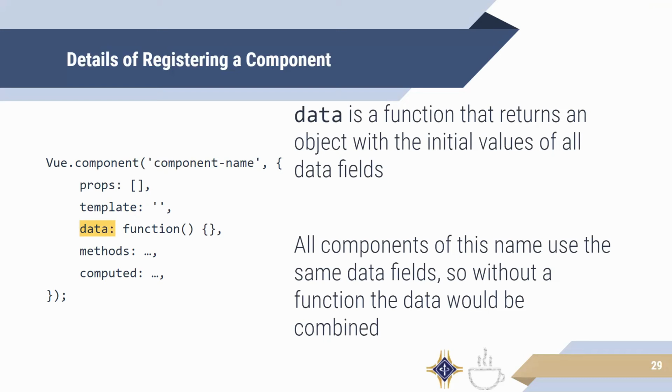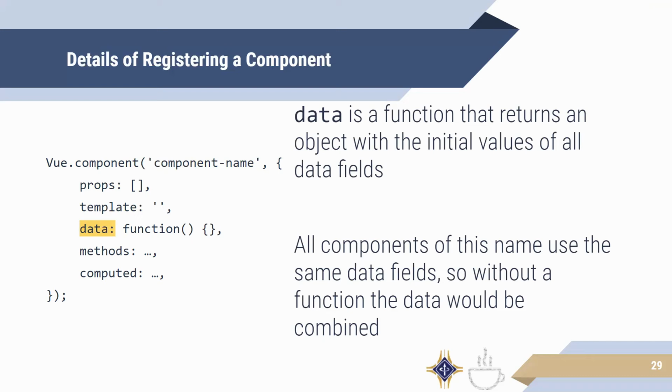However, the reason why you want to do it this way, and Vue enforces this, is because of the way Vue does components. Technically speaking, when you do this Vue.component call, it registers every instance of this component with the same shared state, meaning all of the methods, the templates, the computed are shared across every instance to save memory and processing time.